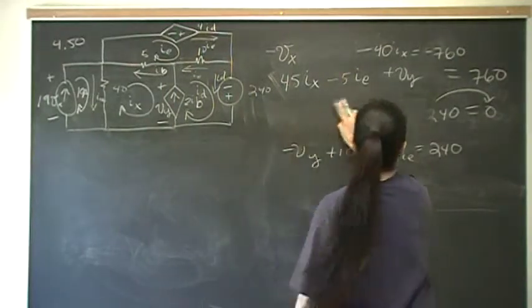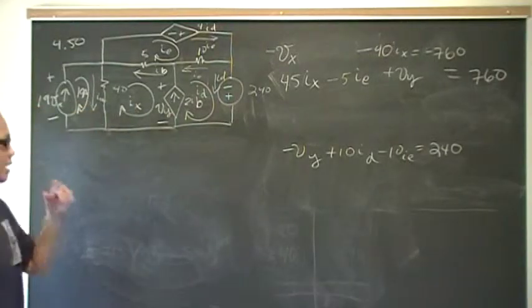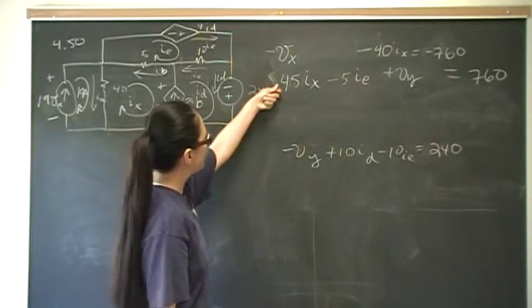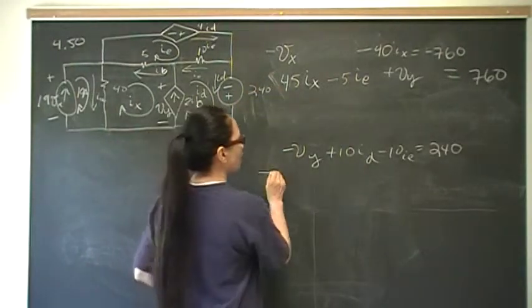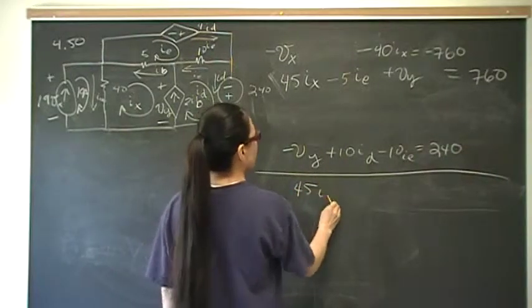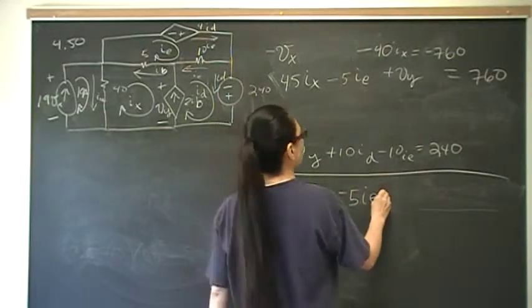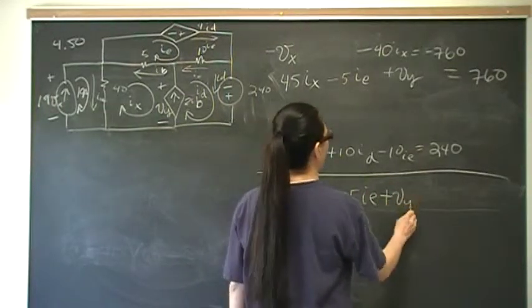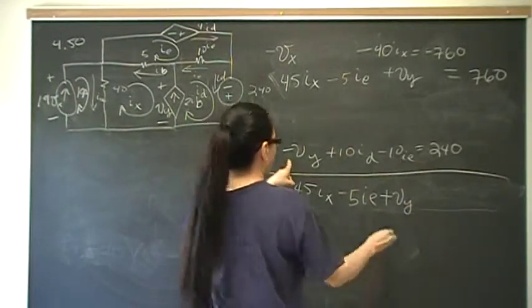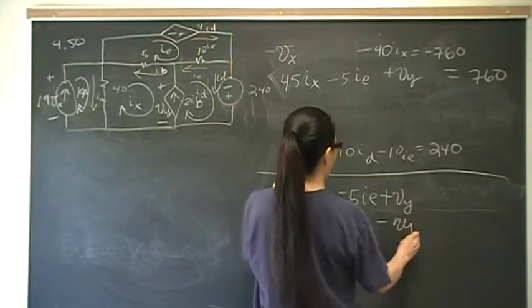So here is why the super mesh works. The reason why it works is because in algebra, we can add any two equations together that we feel like. So if we add this one together with this one, we'll come up with one equation that says 45Ix minus 5IE plus Vy, right? That's that equation. And then right here, we're going to add on this side minus Vy.